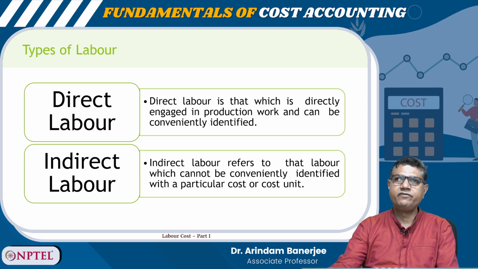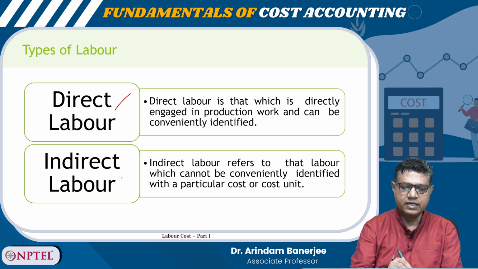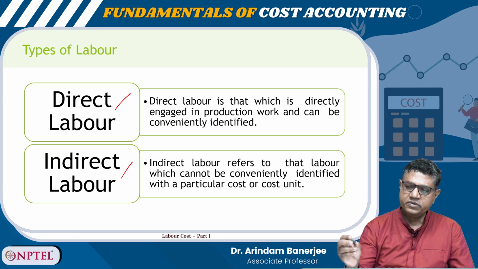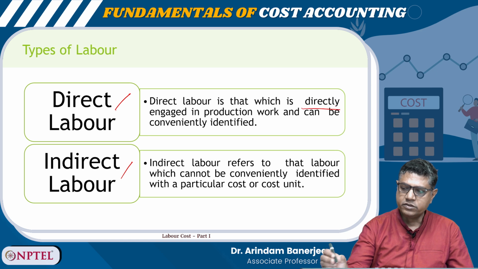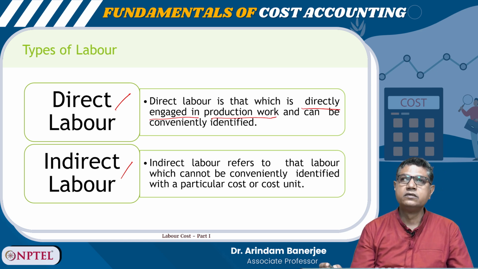So, we can classify the labor into two parts, like first one is the direct labor and second one is the indirect labor. What is direct labor? It is that part of labor which is directly engaged in the production work.